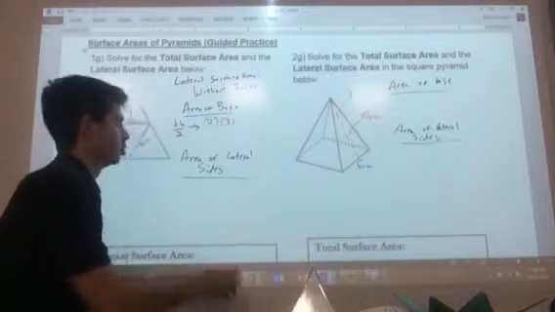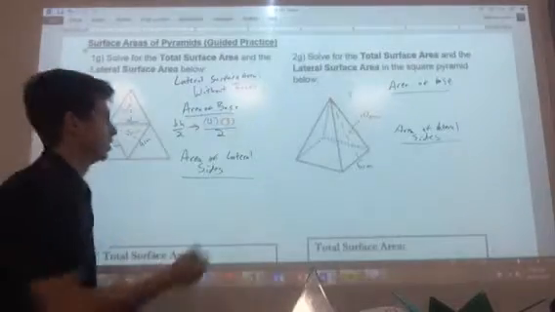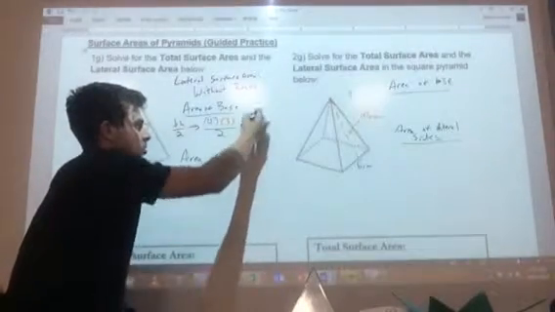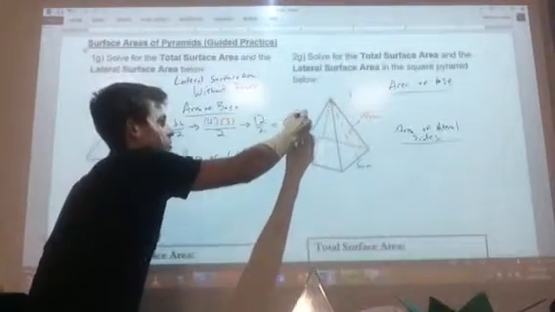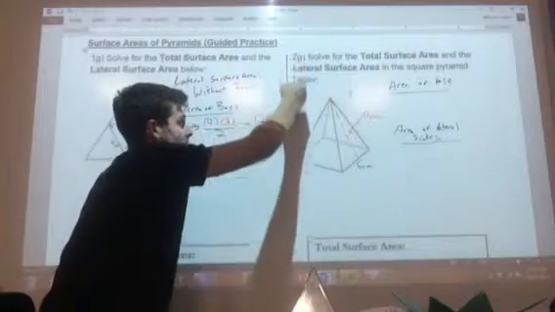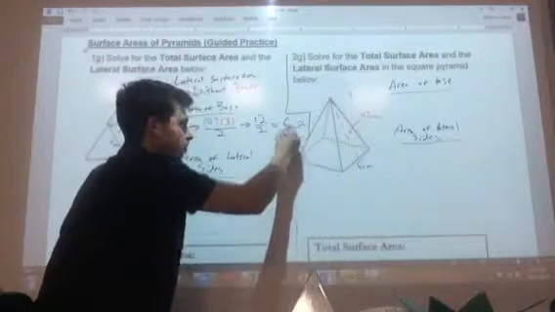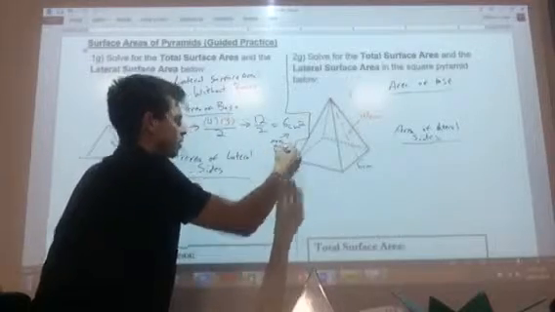And it's all over 2 because it's a triangle. It's going to be half of that rectangle in which it's inscribed. This turns into 12 over 2, and that's equal to 6 centimeters squared. So this number right here represents the area of the base.